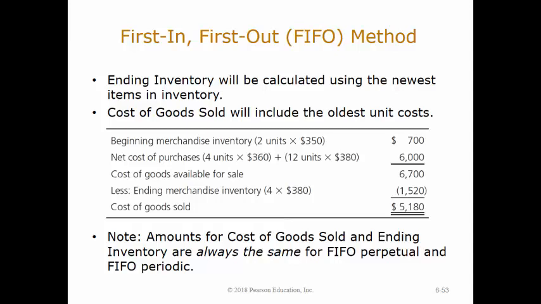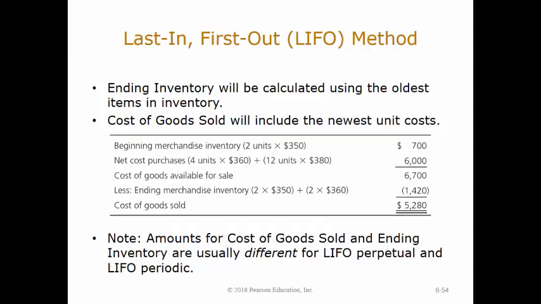Or the cost of goods sold can be calculated by taking the 2 units from beginning inventory at $350 plus 4 units at $360 and 8 units at $380 for a total again of $5,180.